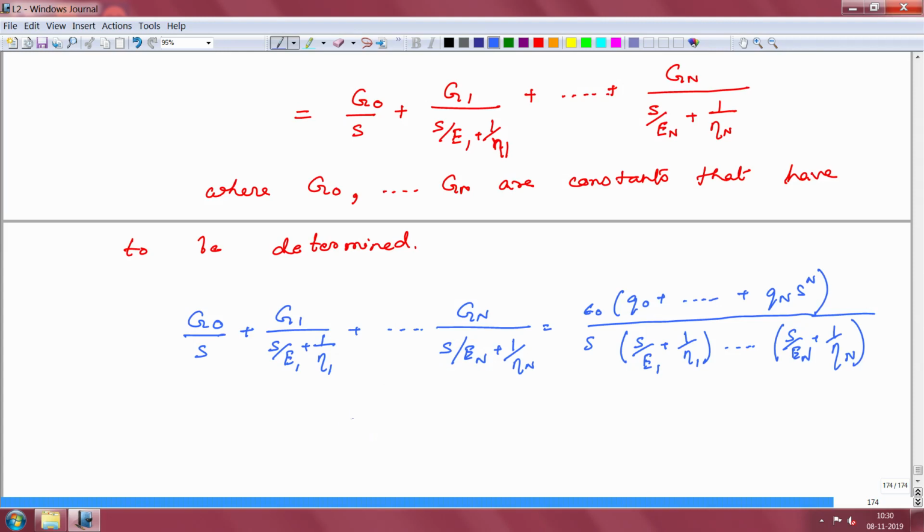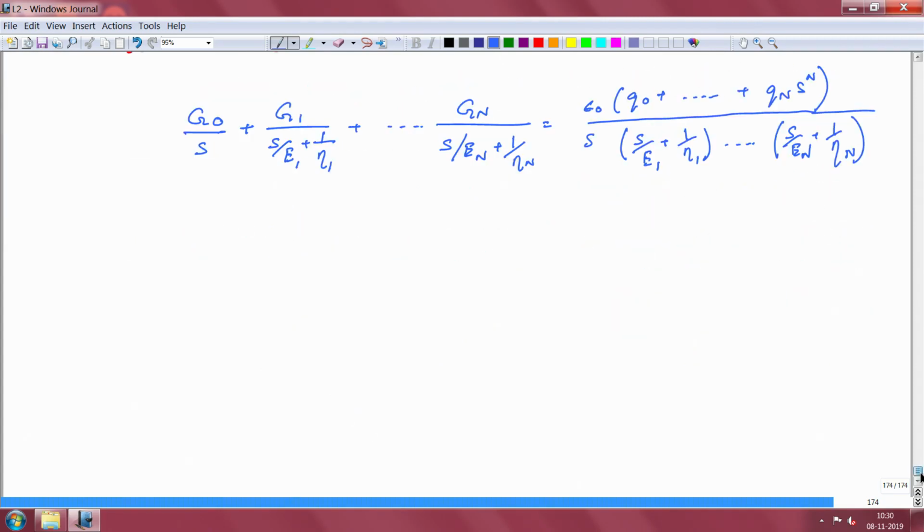So, in theory it is solvable, but it is going to be very cumbersome in terms of algebra, and we are not going to do that. What we are going to assume is that these constants can be uniquely determined, right. So, to determine g of t, which is what we are after, take the Laplace inverse.